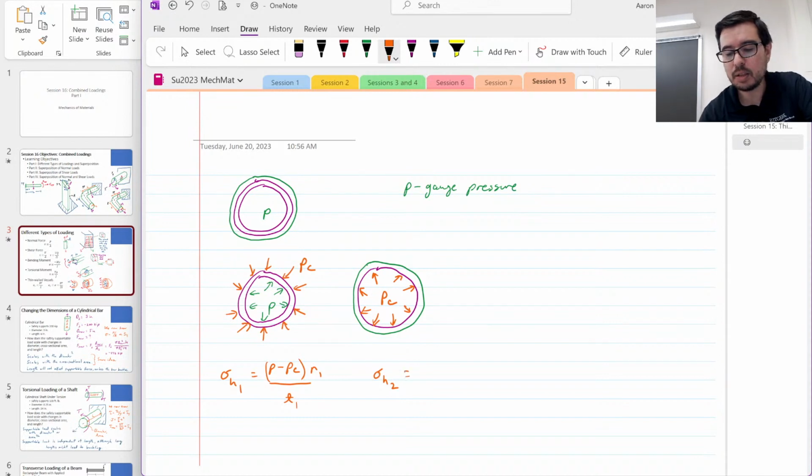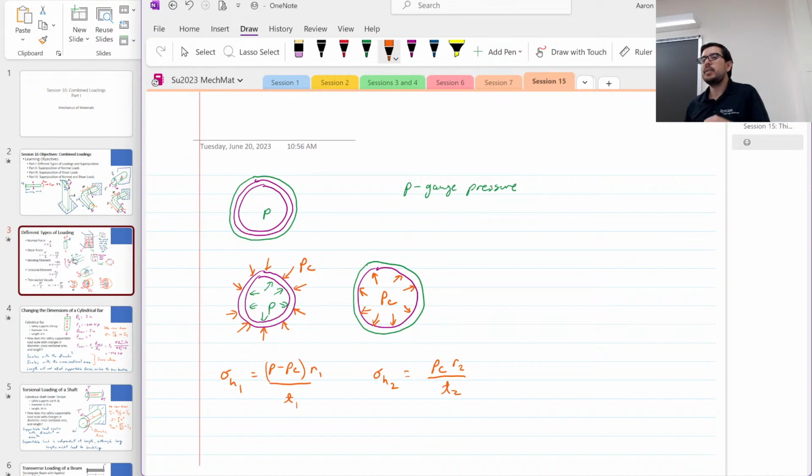And we'll say that this other one is going to be PC R2 over T2. So that's very nice, but these hoop stresses are not equal to each other.